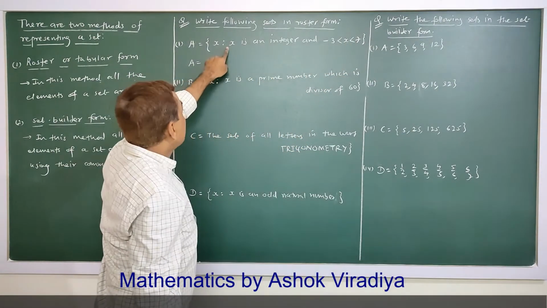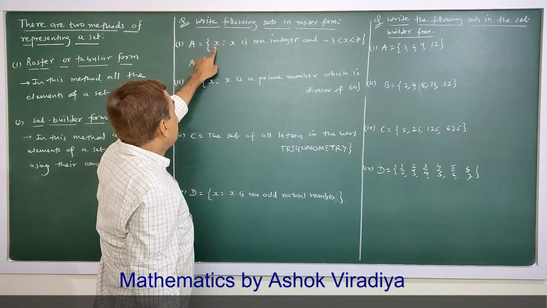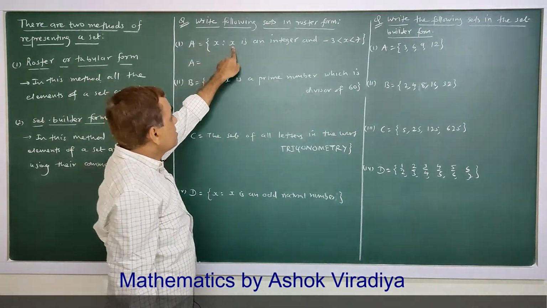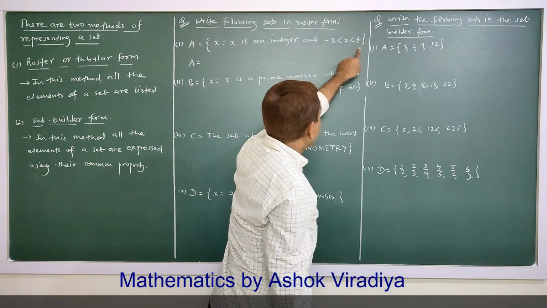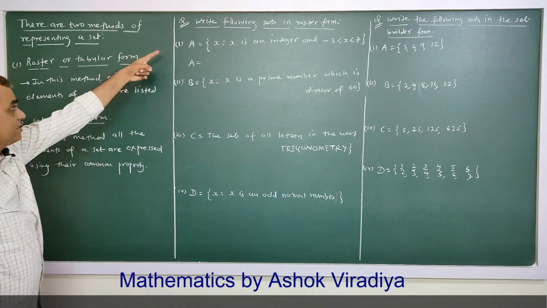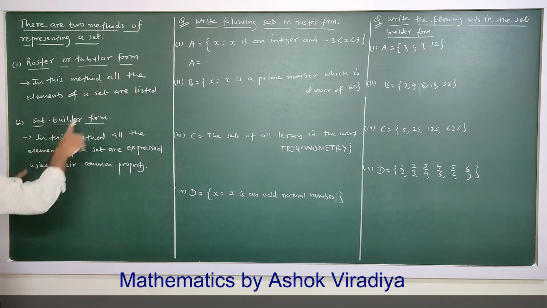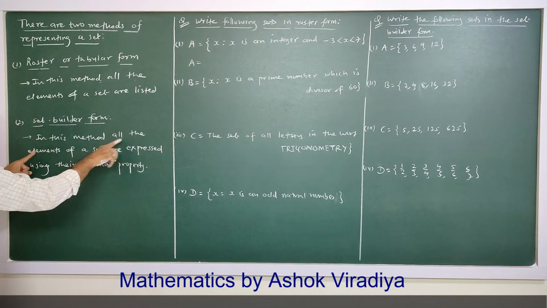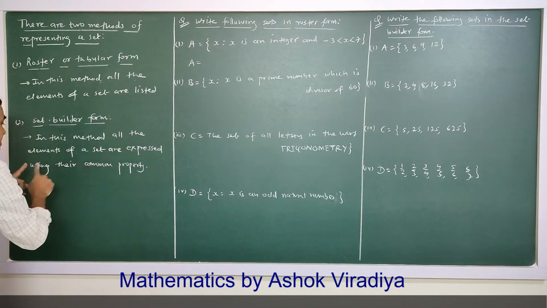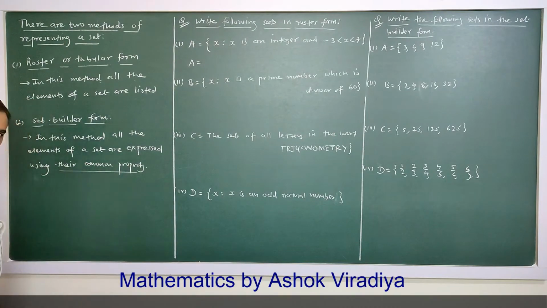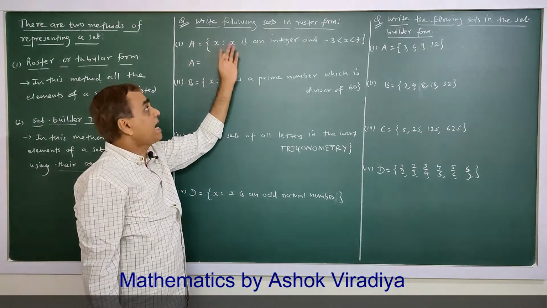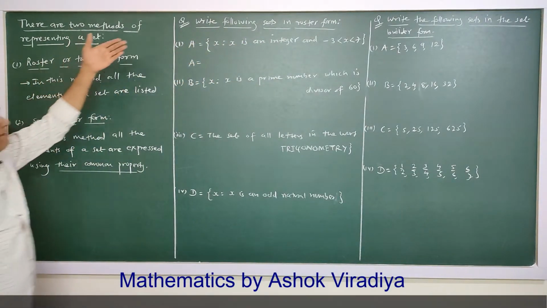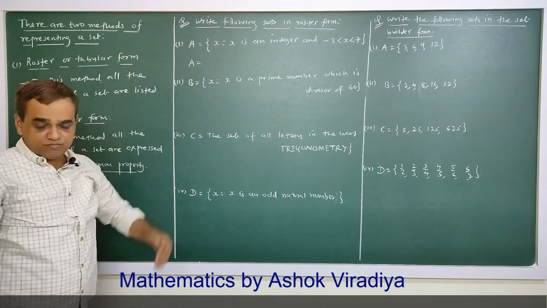So this is a common property for all x belonging to this set. In this method, all the elements of the set are expressed using their common property. So this form is set builder form and we are converting this into roster form.